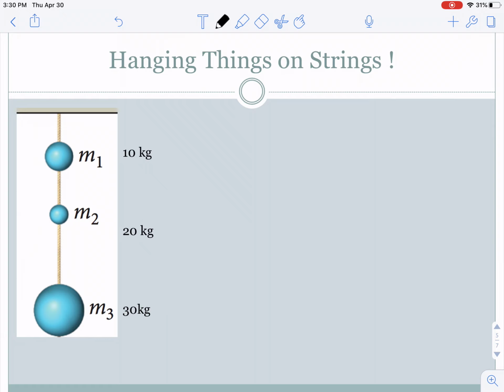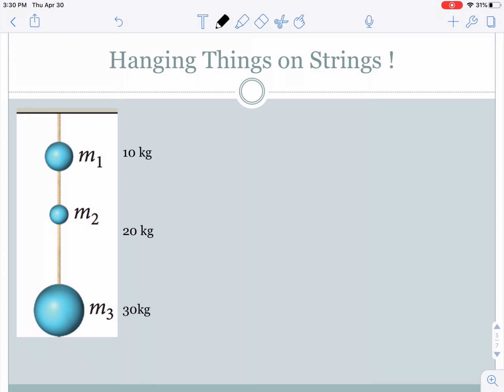One more note is that when we find the acceleration of the whole system, we need to make the force of tension internal, which means we're basically going to completely disregard the rope for the first part of the question, and then in the second part, we're going to add it in.